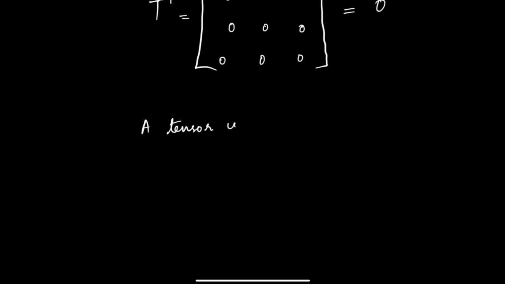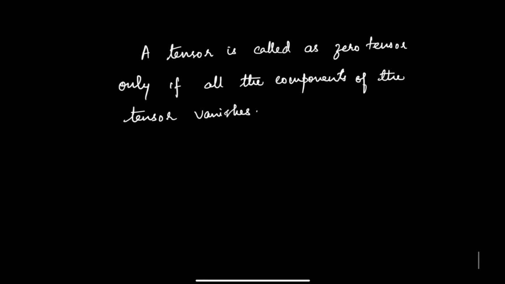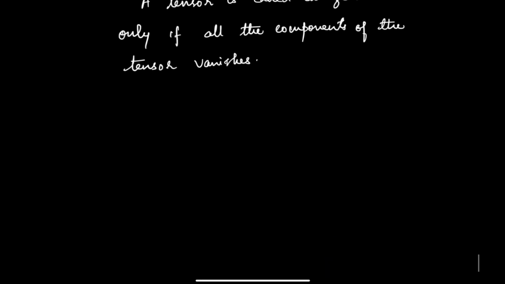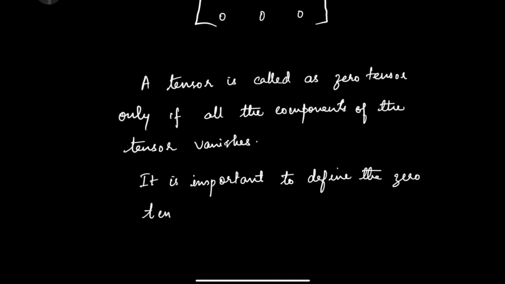A tensor is called a zero tensor only if all the components of the tensor vanish, and it is important to define the zero tensor to describe the additive inverse.